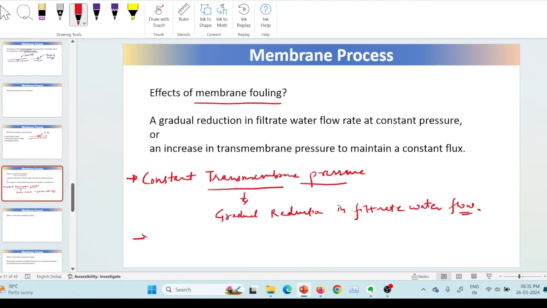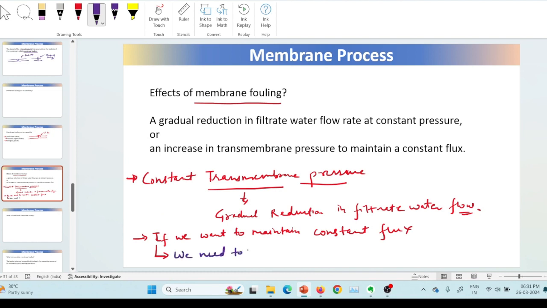And if we want to maintain constant flux, then we need to increase transmembrane pressure.